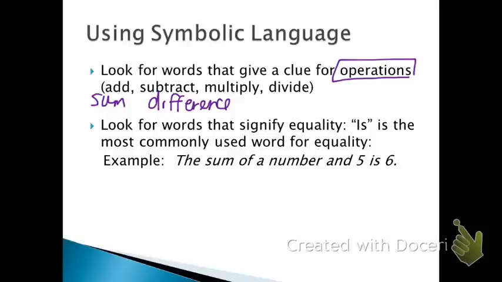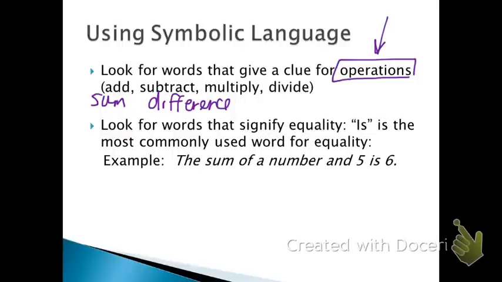Multiply could be the word product, because when we multiply two numbers, the answer is called the product. For divide, could be quotient, or how many goes into. So always look for words that give clues to operations, because those are symbols that we use to show what mathematical operation needs to be performed.